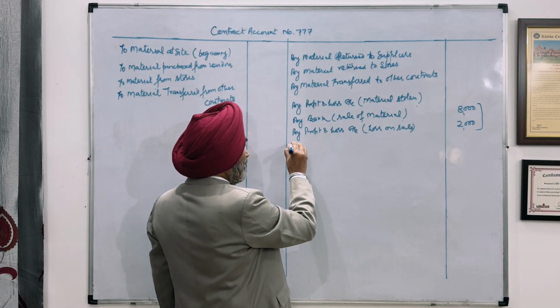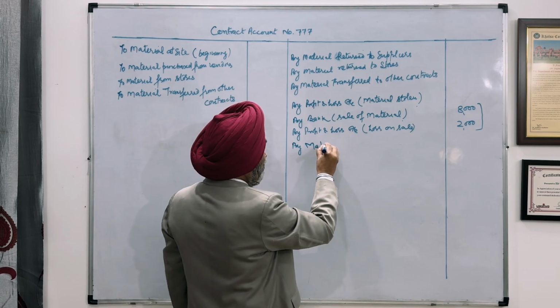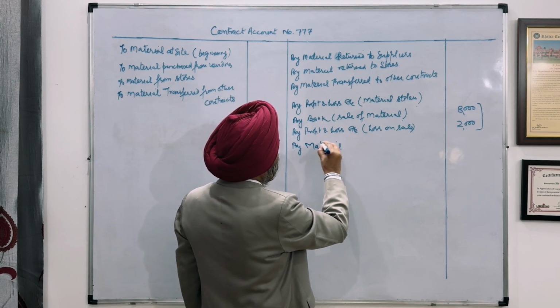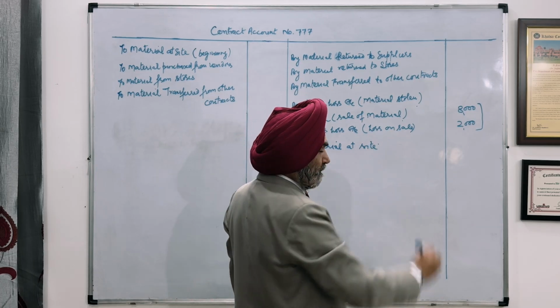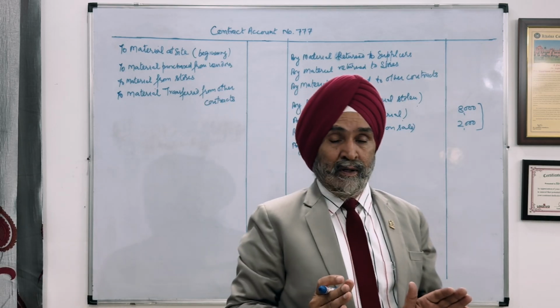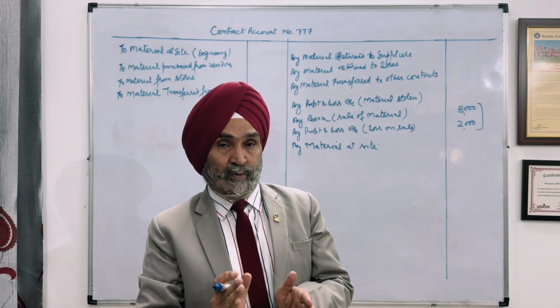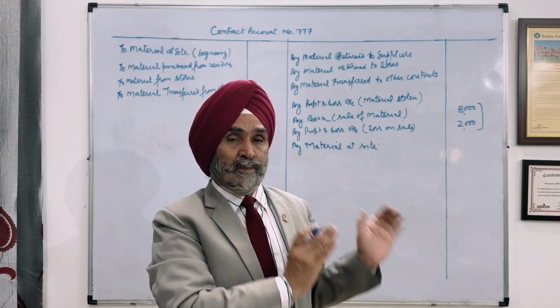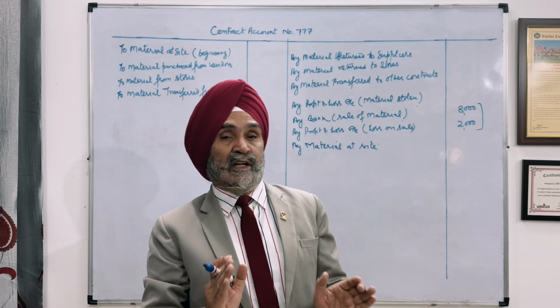Then whatever material is left at site at the end of the year will be written here. The difference of these items is the cost of material consumed on this particular contract during this year.